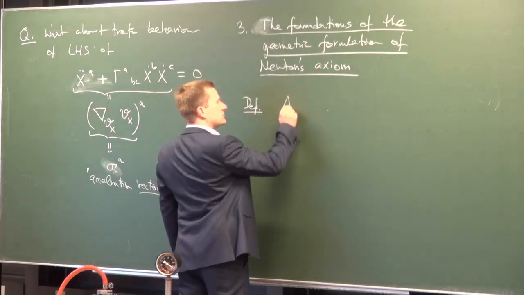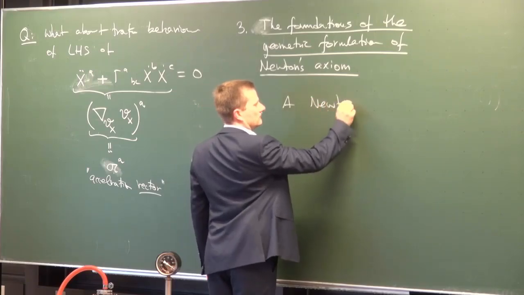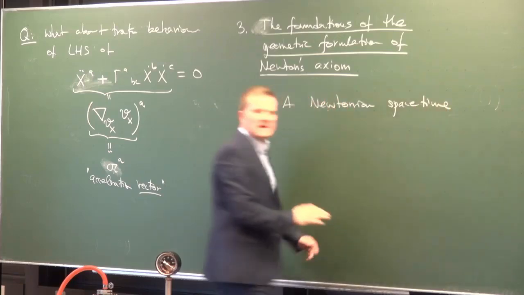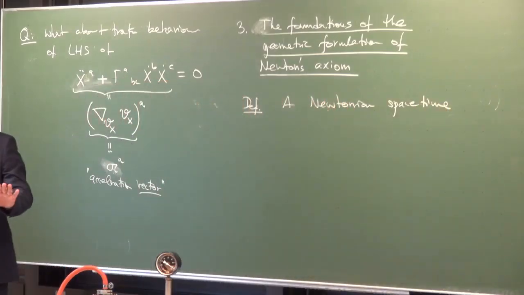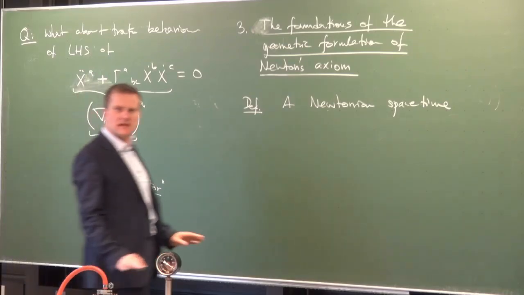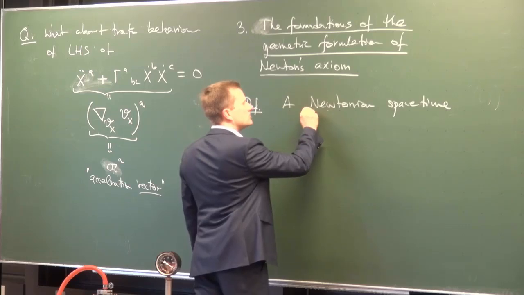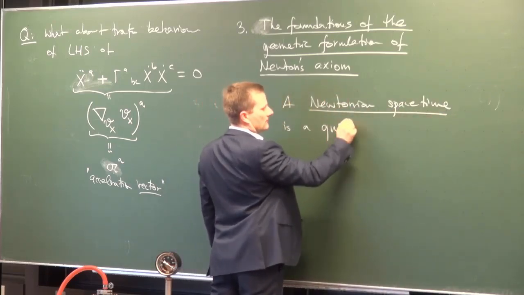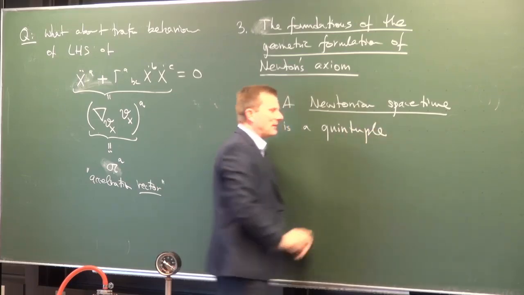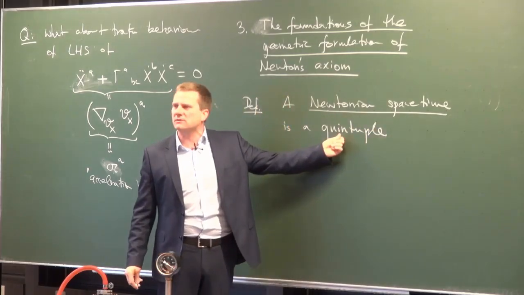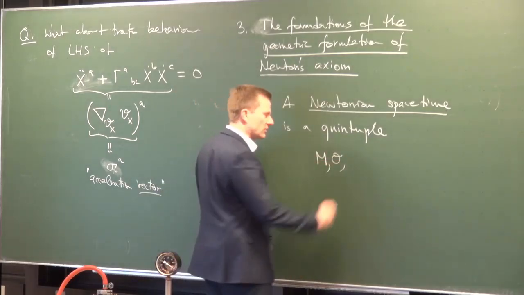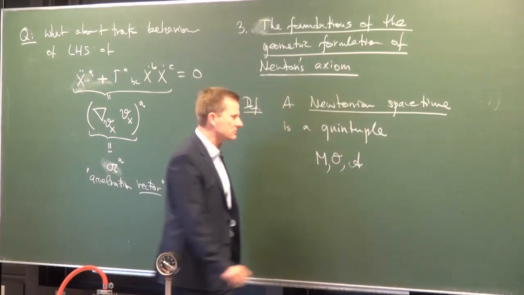Definition. A Newtonian spacetime. So this is now a new start, in our mind; this changed our philosophy a little, and now we start talking seriously. A Newtonian spacetime is a quintuple of structures, and about every single structure here, Newton talks. It's a set with a topology, continuous curves and so on, it's smooth, we can talk about derivatives.